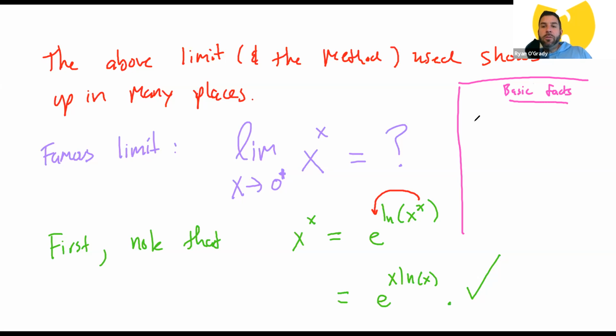And I'm not saying basic to offend you, but these are things you should know. You should know that e to the log of star is always just star. Whatever's inside, it doesn't matter, as long as it's well defined. I mean, you can't take the log of a negative number. And then also, you know that the log of a to the power b is just b log of a. So we're using these to get our expression in a workable place.